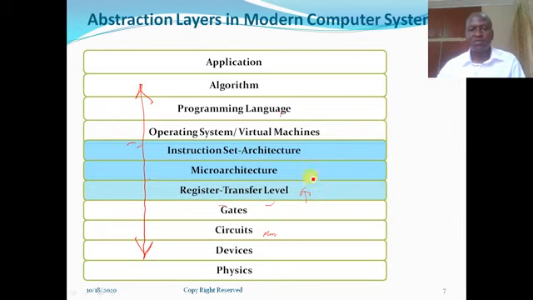And of course, moving up, we have the microarchitecture, or what some people refer to as computer organization.